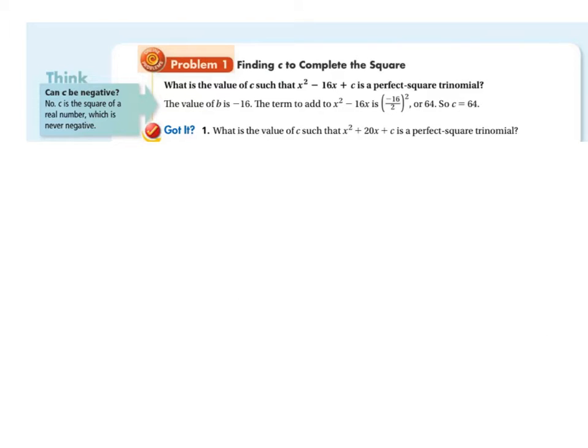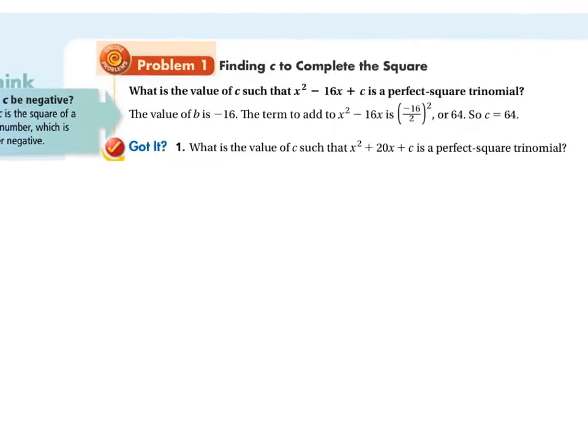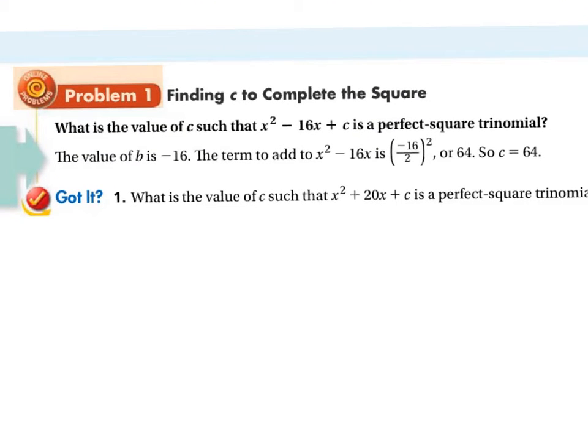So if you look at problem 1, what is the value of c such that x squared minus 16x plus c is a perfect square trinomial? And so what they're pointing out here is the value of b is negative 16.